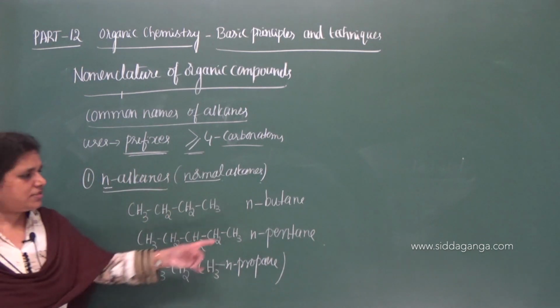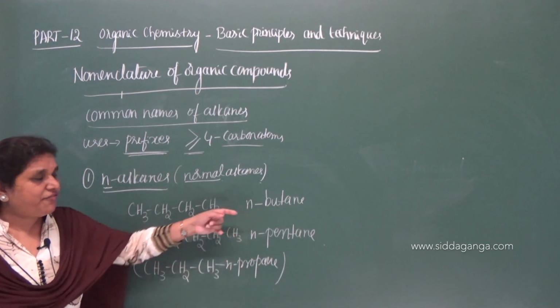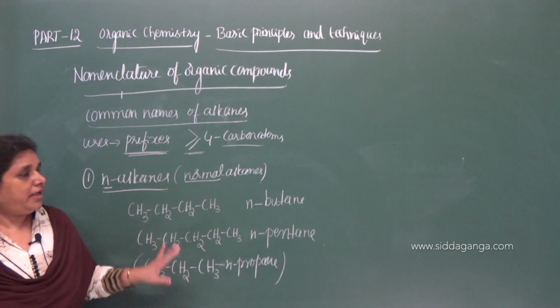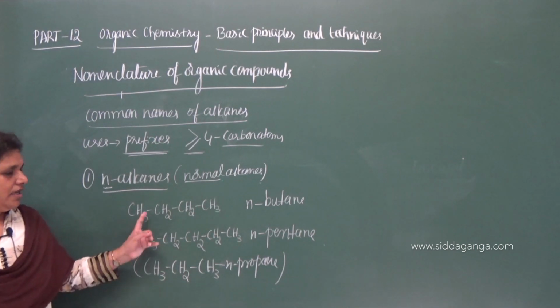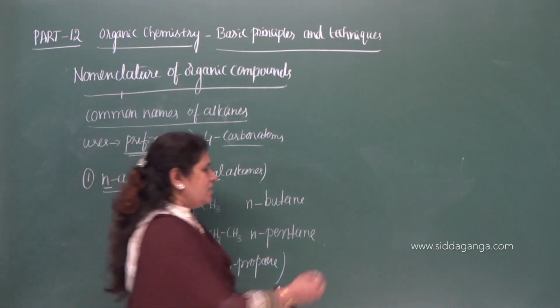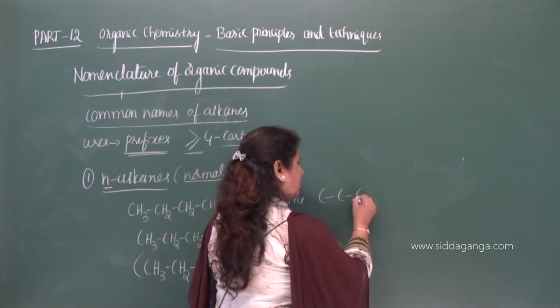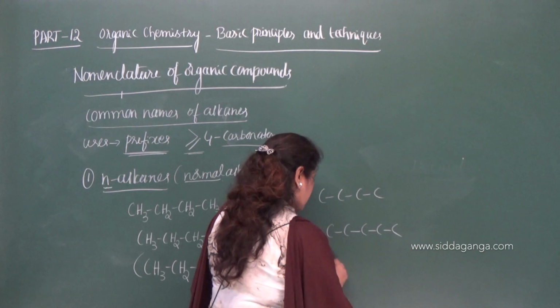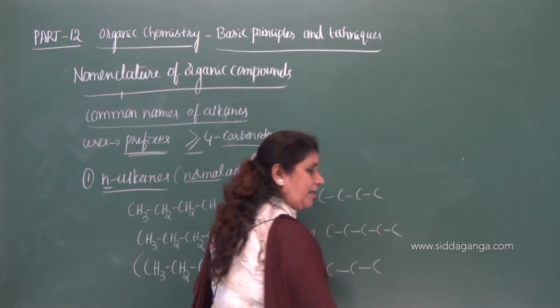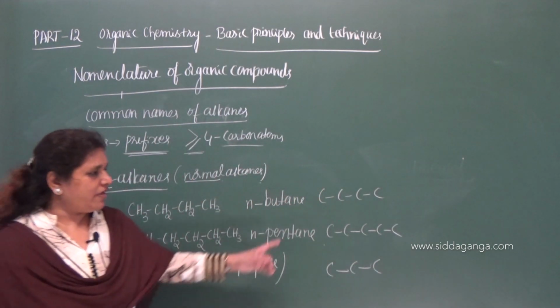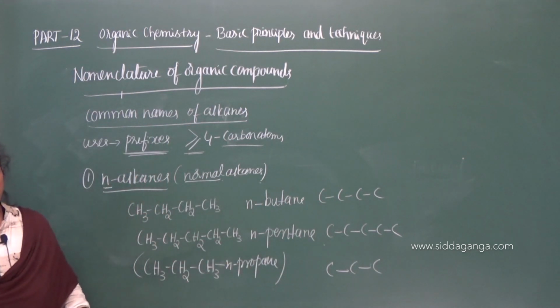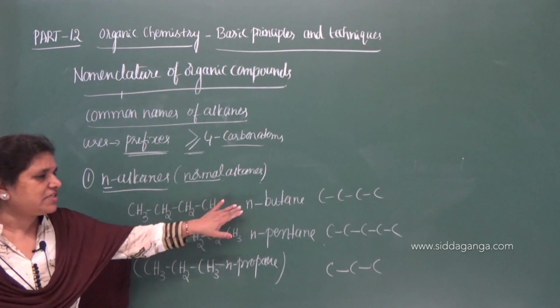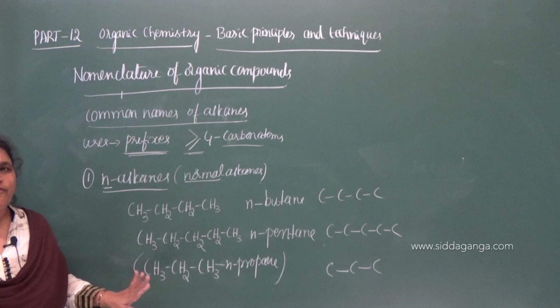Why do we have to use the prefix n before the name of the alkane? The reason is that these alkanes have a straight chain of carbon atoms. As they have a straight chain of carbon atoms, we have to use the prefix n before the name of the alkanes.